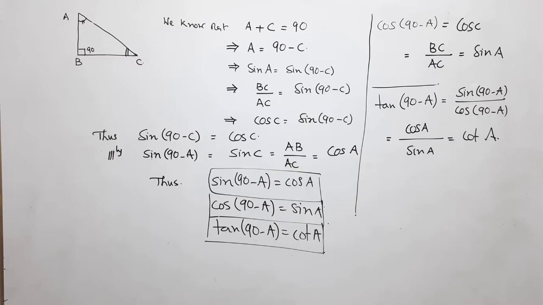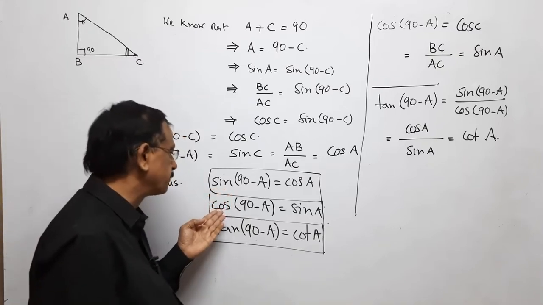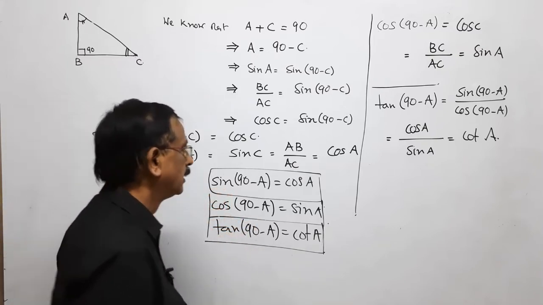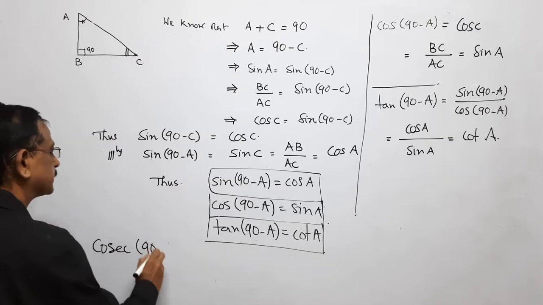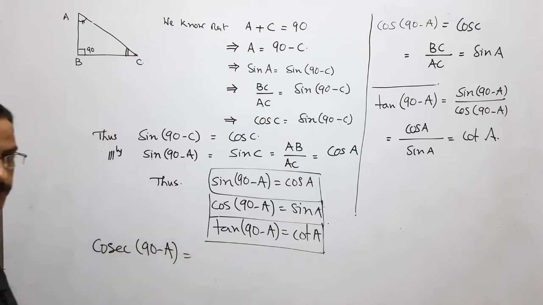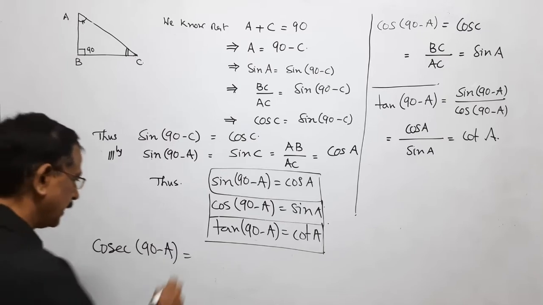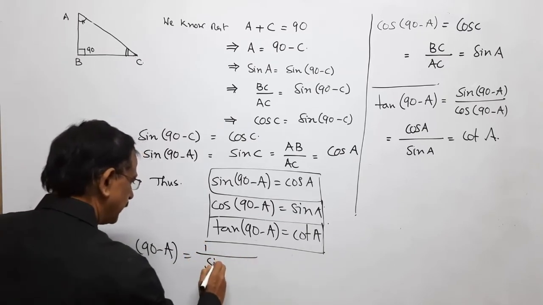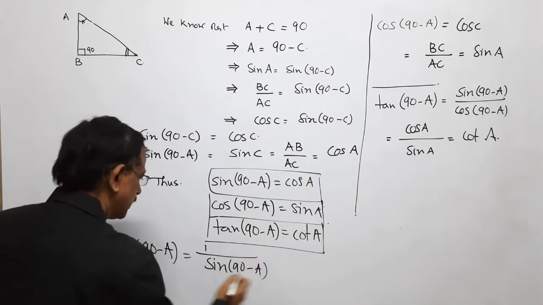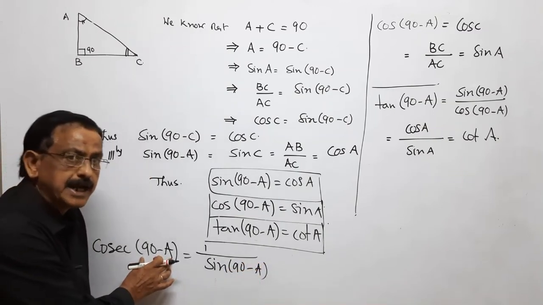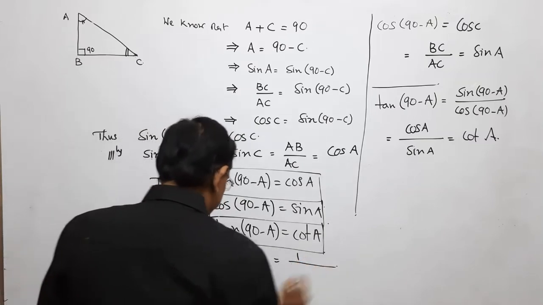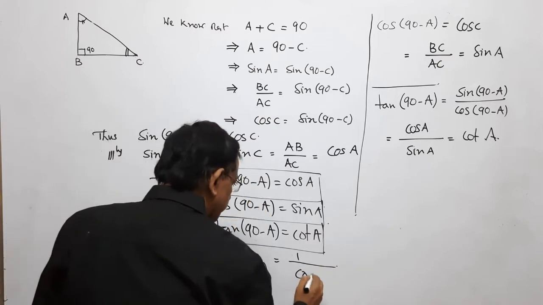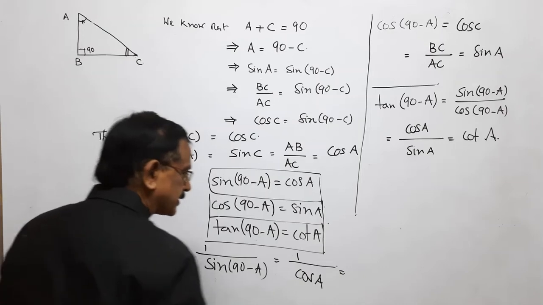What could be the reciprocal of sine, the reciprocal of cos, and the reciprocal of tan? Let us see cosecant 90 minus A. Cosecant 90 minus A is 1 over sine 90 minus A. That means if you treat 90 minus A as theta, this is cosecant theta, which is 1 by sine theta, which is equal to 1 by cos A, since sine 90 minus A is cos A. So what is 1 by cos A?